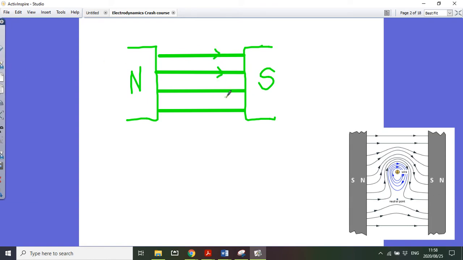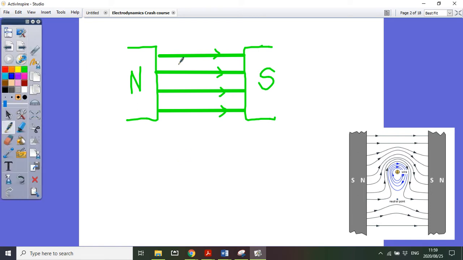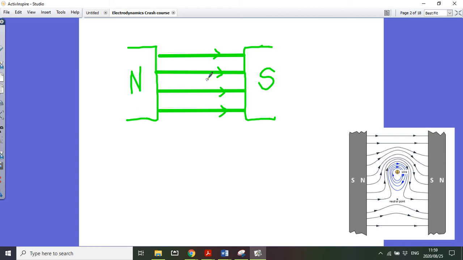So the permanent magnet has a magnetic field existing already. Now I'm going to switch on a current inside that magnetic field. So let me just use another color there. So I'm going to place a wire in this magnetic field, and let's just say the current is going now. Remember, current is I. Current is going away from us into the page again.